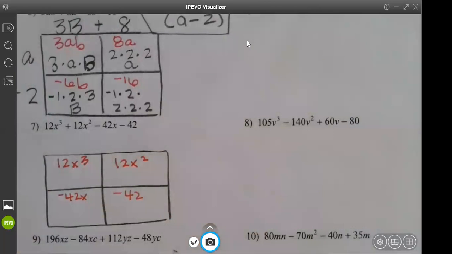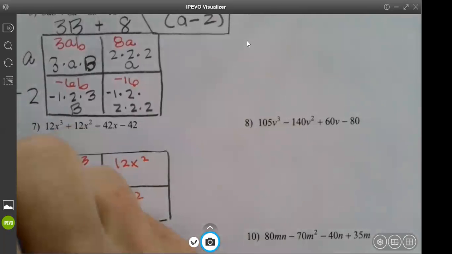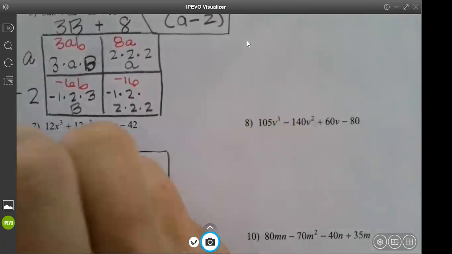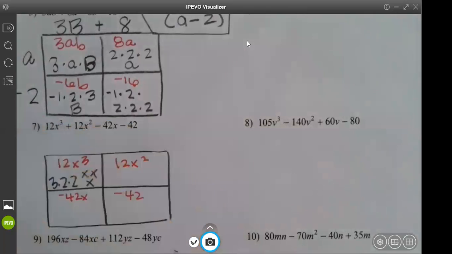Our factors of 12x cubed are 3 and 4. 4 breaks into 2 and 2, and 3 x's. The next one is the same exact thing, it just has 2 x's.